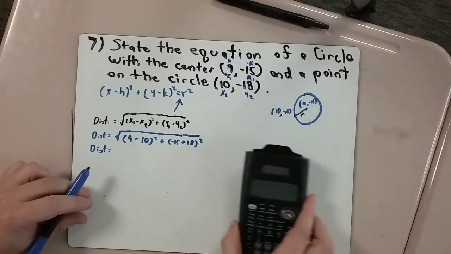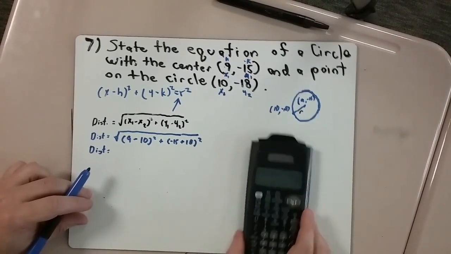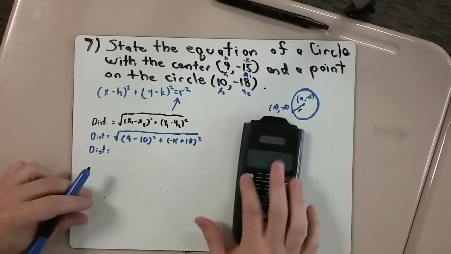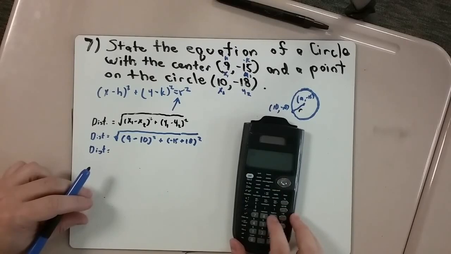And I should have gotten 10. Let's try that again. So square root, 9, wait, maybe I shouldn't have. Square root, 9 minus 10 squared plus -15 plus 18 squared.